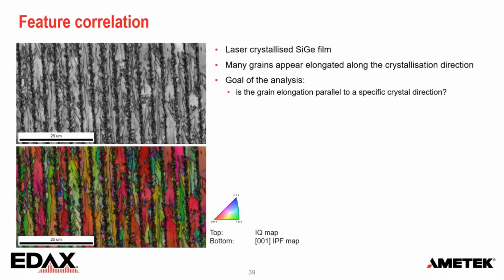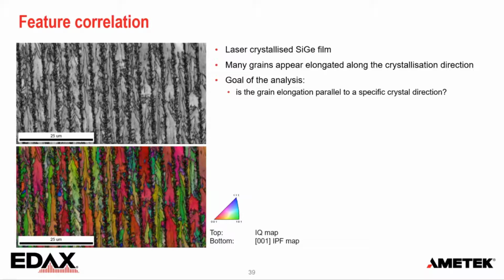And another one, here I have laser crystallized silicon germanium film. There is some elongation in here along these bars that we can see. And the question is, is there a specific orientation or crystal direction parallel to this grain elongation?